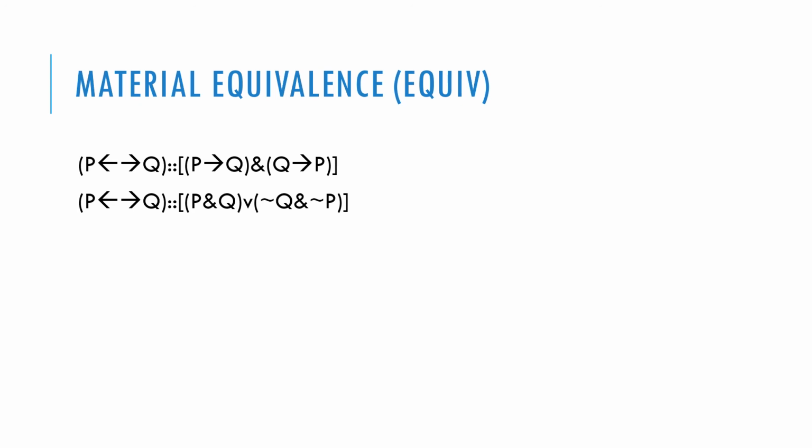So again, if we were to somehow see something written in the form that's in the right column, we can simplify that over to what's written in the first column. Or similarly, if we need to extrapolate something from P if and only if Q, we can do so in a number of different ways using these longer, complicated propositional forms.